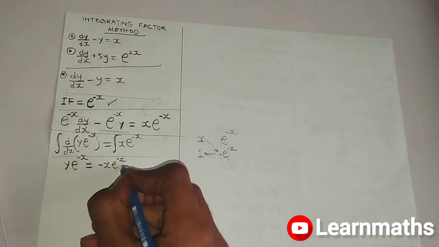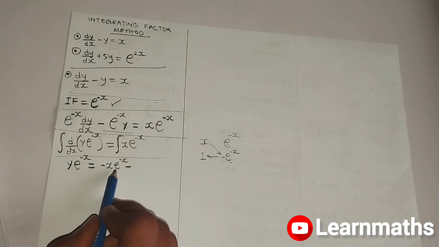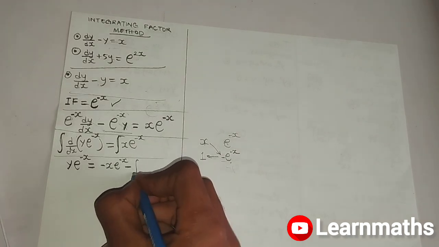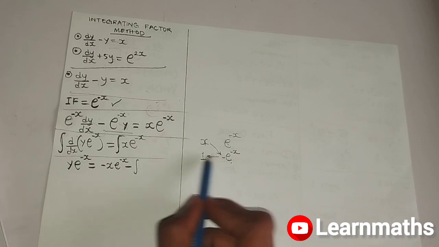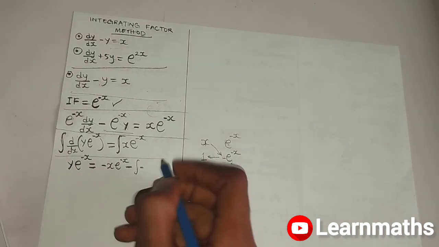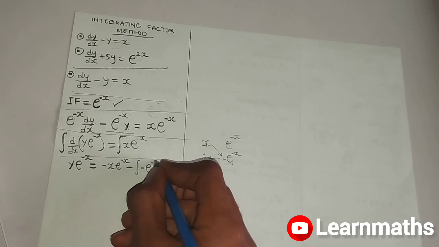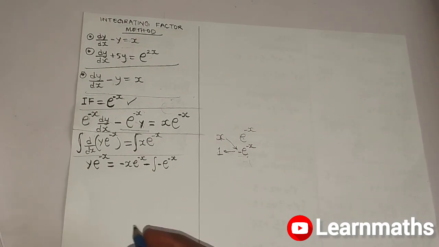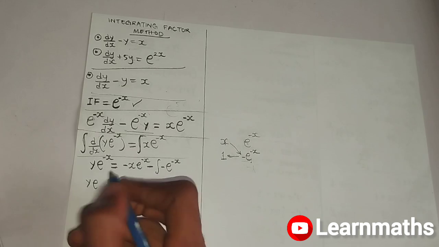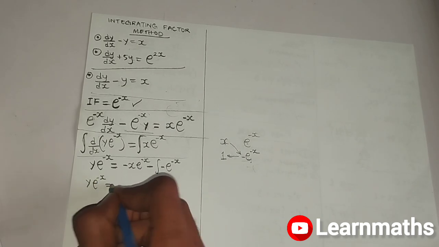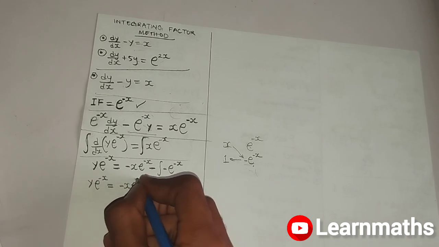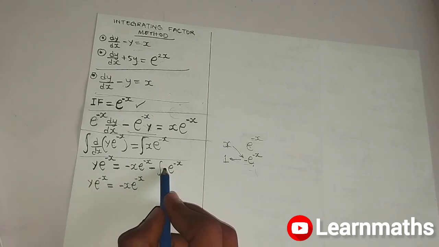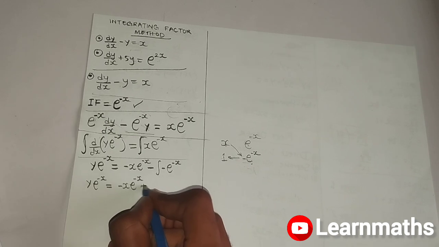Now I'm going to subtract from this the integral of this multiplying this, which is basically negative e raised to negative x. To simplify further, I have negative x e raised to negative x. Now this negative, I'm going to factor out, and it becomes positive.